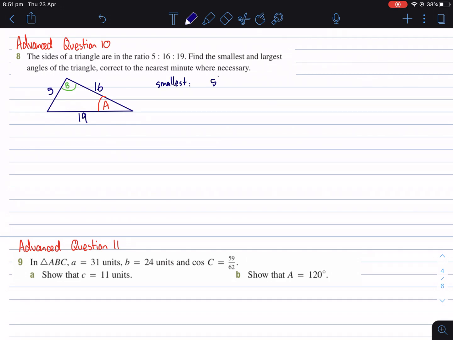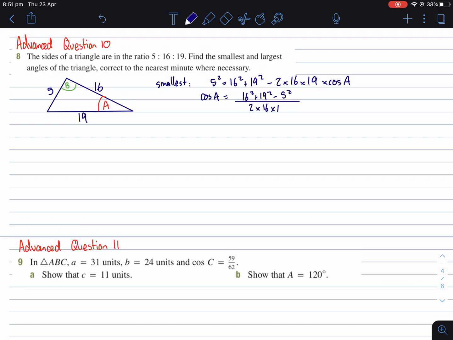So we've got 5 squared equals 16 squared plus 19 squared, take 2 times 16 times 19 times cos A, which means cos of big A is 16 squared plus 19 squared, take 5 squared. You may think I'm writing this in the wrong order each time. It's because I'm not carrying the negative down to the bottom, so the negatives have essentially cancelled out, so I've rearranged the top. I went through the proof a few videos ago.